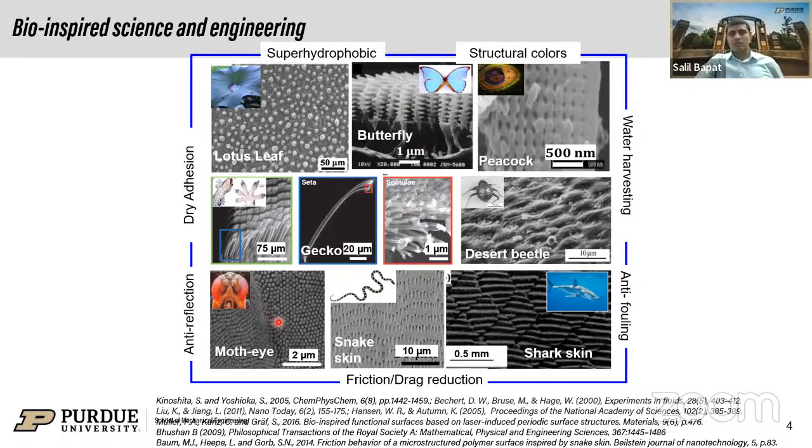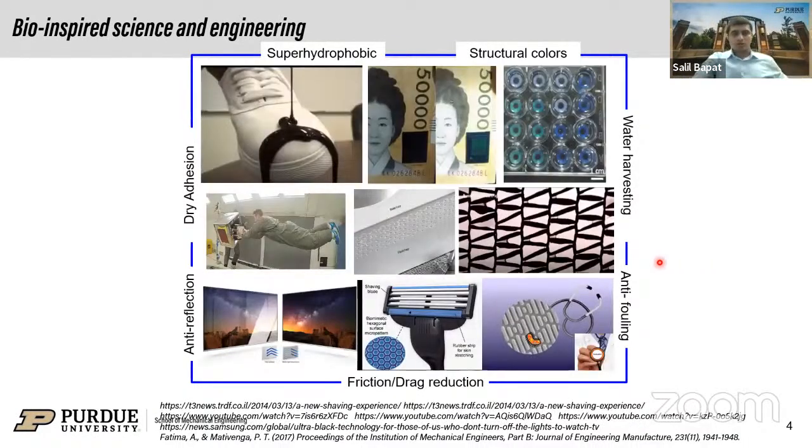All these features that you see in biology, and the functionality imparted by them, are listed on your screen: friction, drag reduction, anti-reflective coatings, dry adhesion, superhydrophobicity, and so on. Where this can be used is in actually creating products from it.